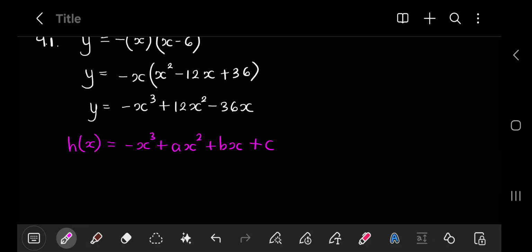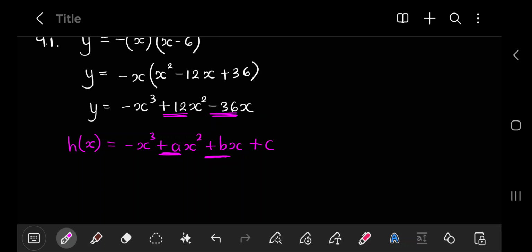If you match this, you can clearly see here that a, which is the coefficient of x squared, is going to be 12, and b, which is the coefficient of x, is negative 36. And that's actually what they wanted you to get. And here we've got c, but there is no c value, which means that c is 0.